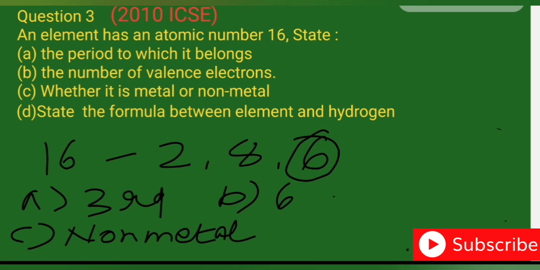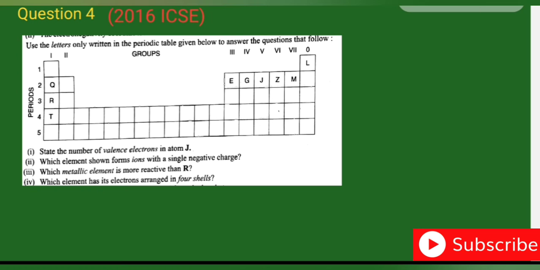So what is the formula between the hydrogen and the element? It is clear that the valency of the element is 2. So the formula is H2S. Is it clear? Now let us discuss another question that is from 2016.